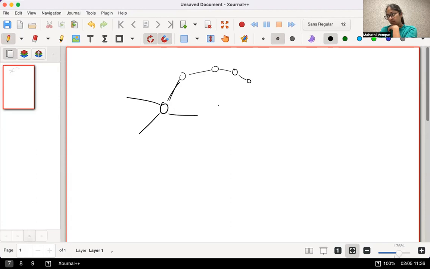I either reach an endpoint or I reach back to this node. If I reach an endpoint, this doesn't result in a cycle, so I stop, and then possibly the next one results in a cycle.